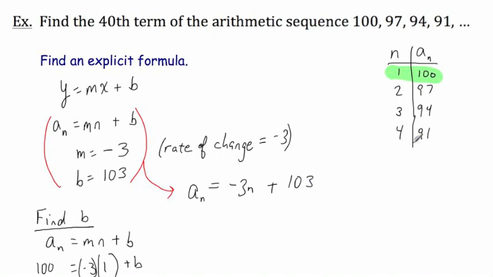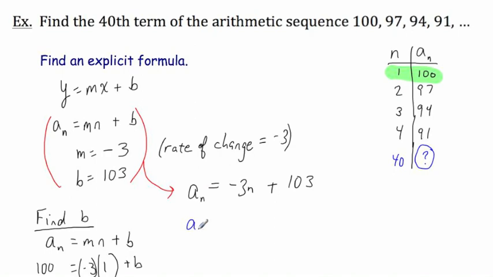This allows me to find the 40th term, and when I'm looking for the 40th term, what that means is I'm substituting in 40 for n, and I'm looking for a sub n. So I'll go ahead and substitute in 40 for n into this expression over here.